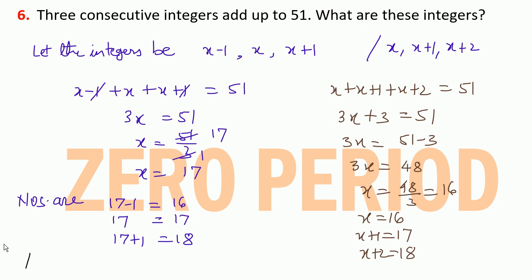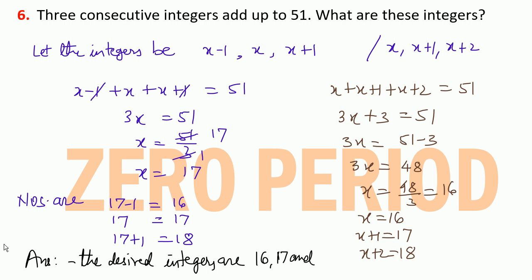Answer is, the desired integers are 16, 17 and 18. So this is the complete solution of 6. You can use any of the solutions. It is not required to solve both the methods. You need to solve only one method.